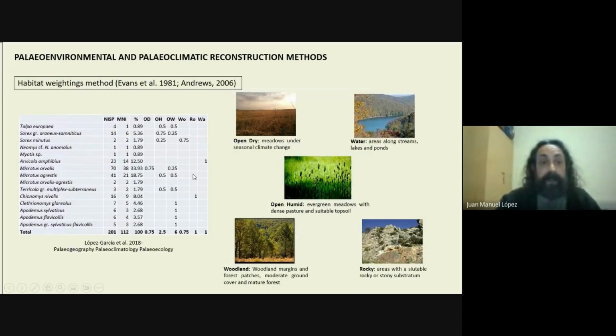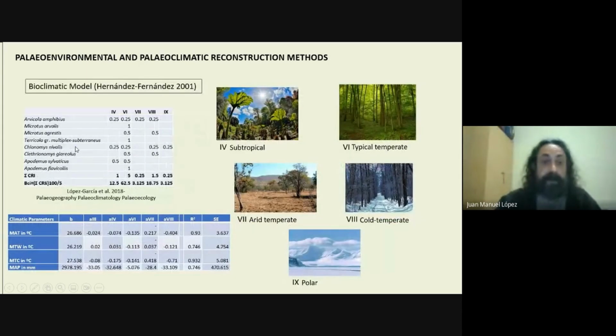We use different kinds of methods, distributing the small mammal assemblages in different kinds of habitats to reconstruct the environment and the landscape. This is only an example of a publication and the different kinds of landscapes that you can find by distributing these small mammal assemblages.